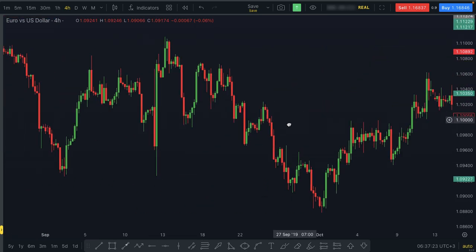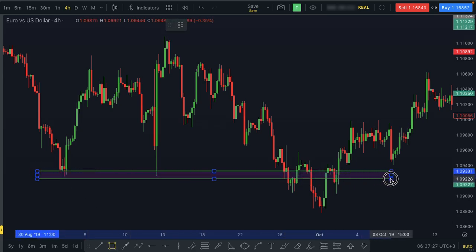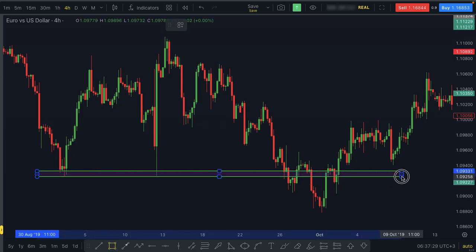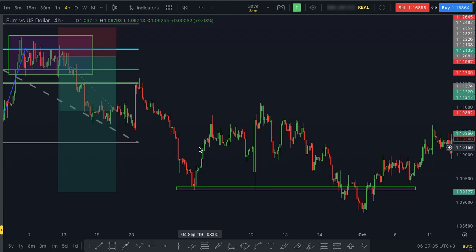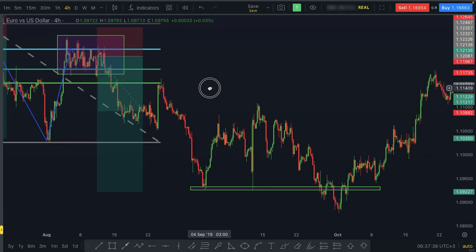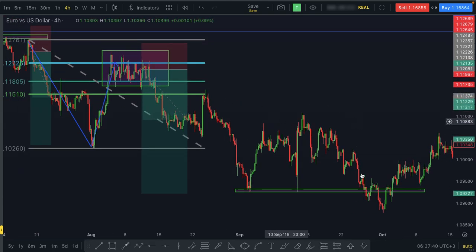Again, we are going to be plotting our support around here. So we create our support, okay, but how do we get entry? Still, how do we profit from this market, since this is our first step?